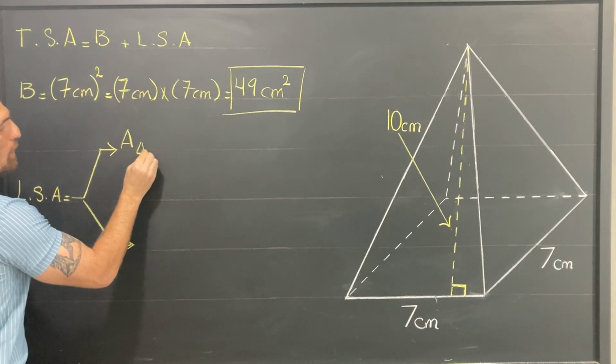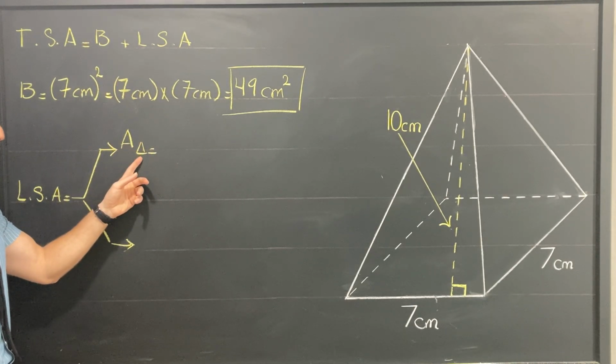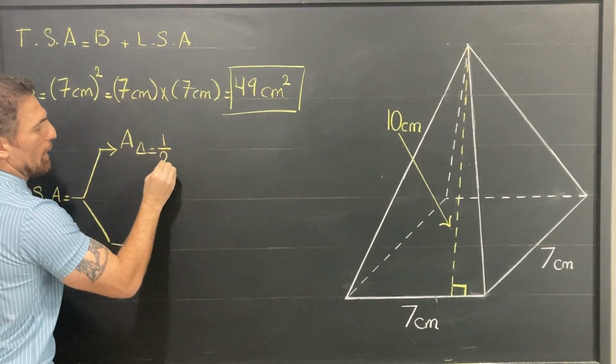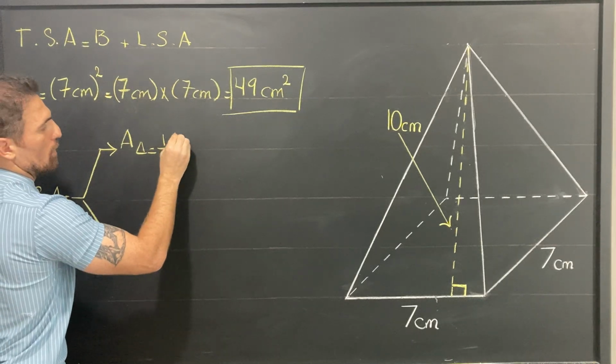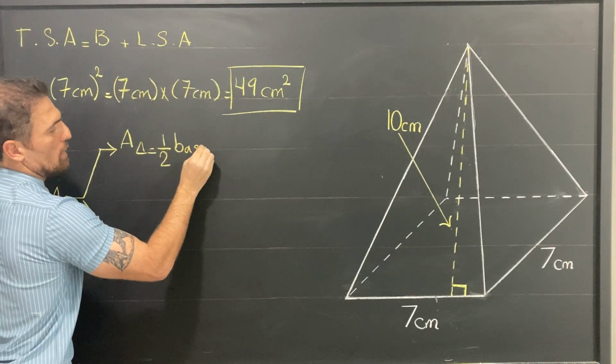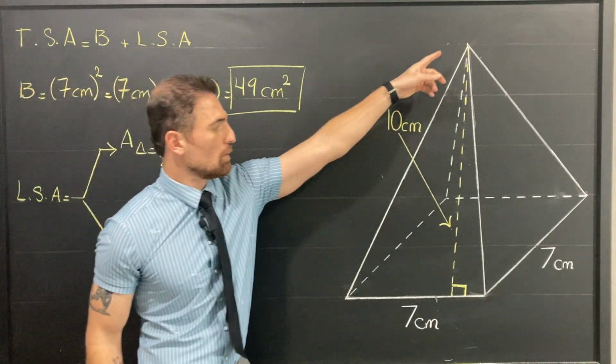The area of a triangle is 1/2 times the length of the base times the height.